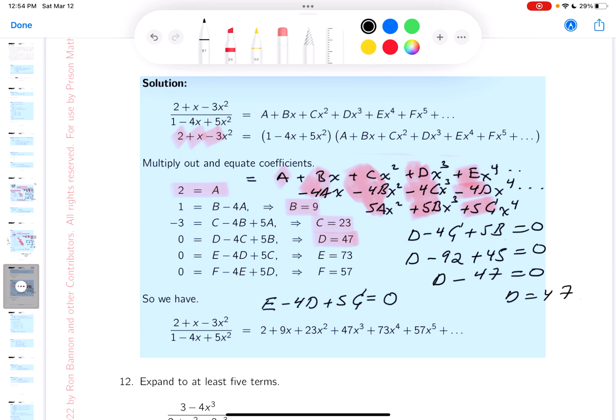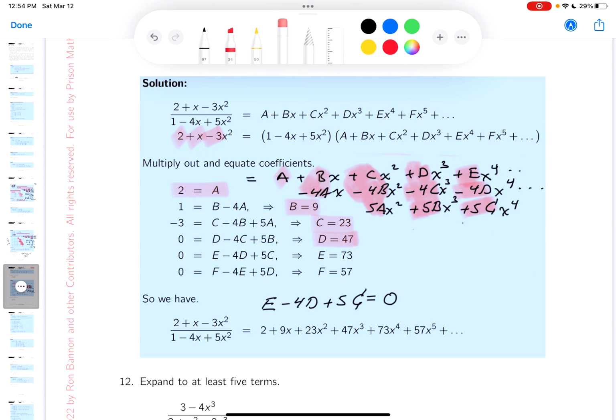All right? Let's see what we get. I'm going to start to erase some of the work. I don't need it anymore. So I'll write this down. E minus 4D. Well, 4 times 40, 160. And then 4 times 7 is 28. So minus 188.